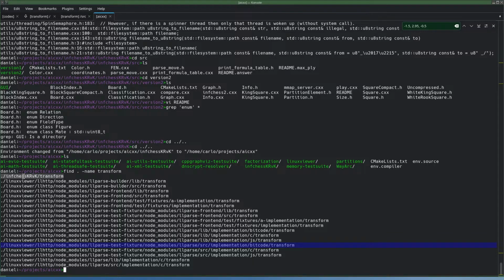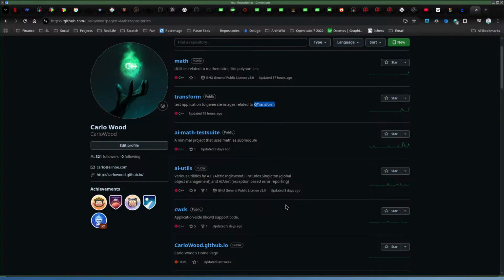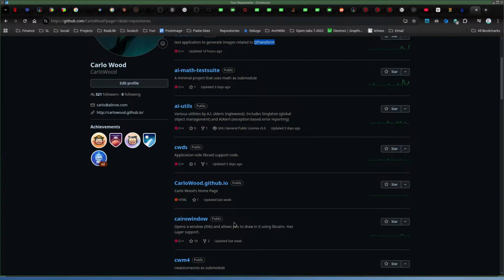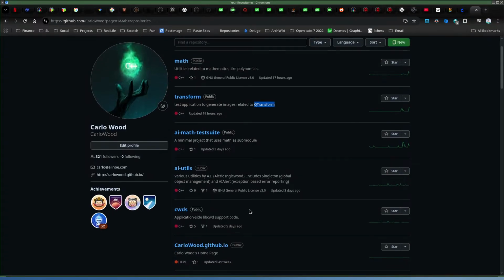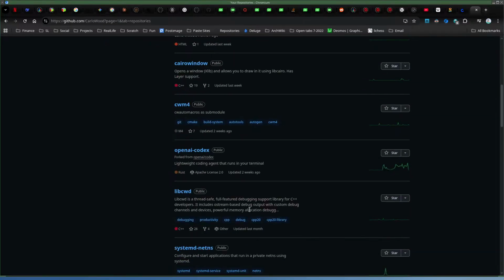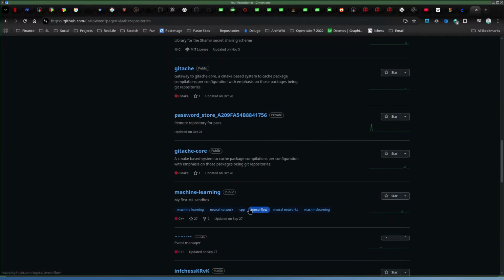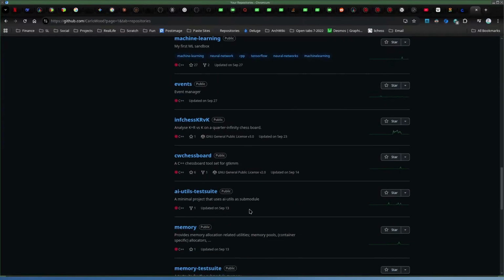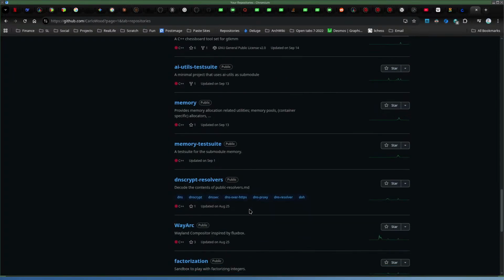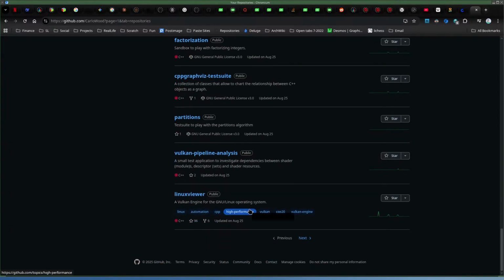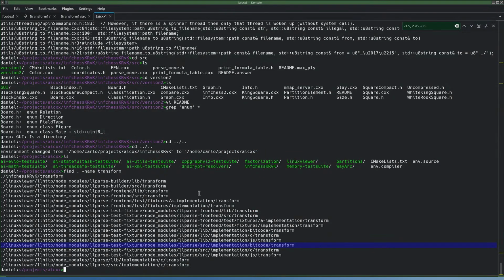Transform is in inches. Okay, we have it. The inches is also in there. Cairowindow is also in here. Yep, it's definitely in this direction.